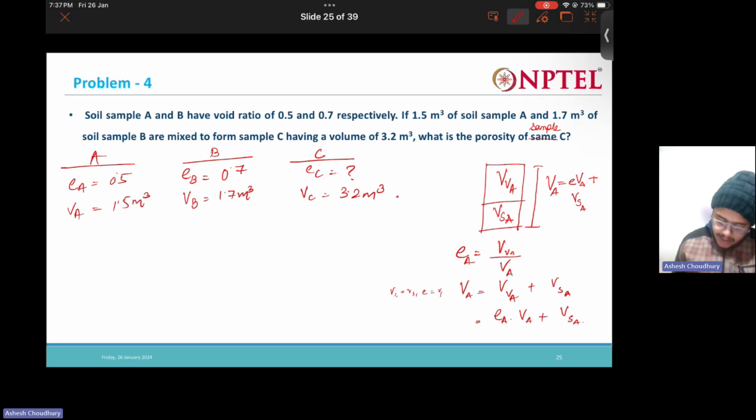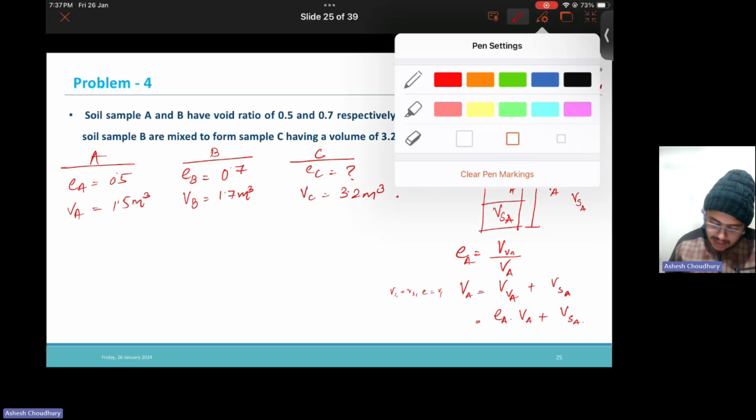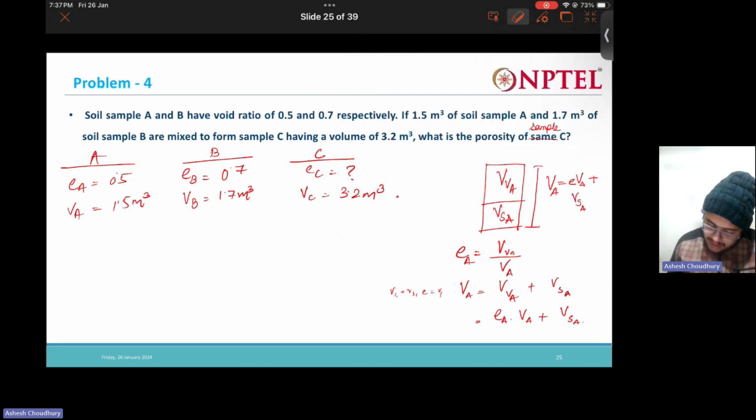Yeah, I was making some mistake while writing this. What was the mistake? See, the mistake is in the definition of void ratio. Just erase it.